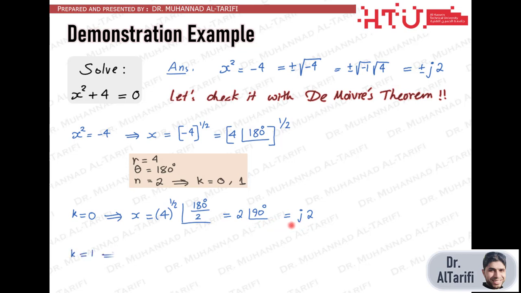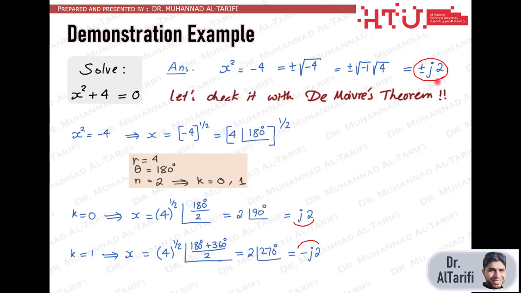With k equals 1, we get the second root with the same magnitude 2, but the phase is theta plus 360 degrees divided by n, which is 180 plus 360 divided by 2, or 270 degrees. So this second root is 2 at the phase of 270 degrees, or minus j2. These two root solutions are exactly what we were expecting.